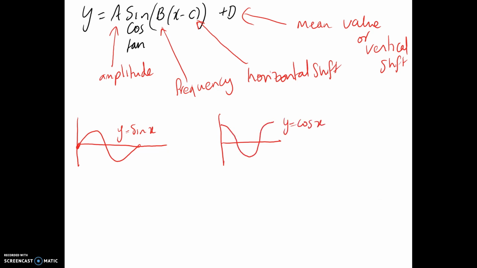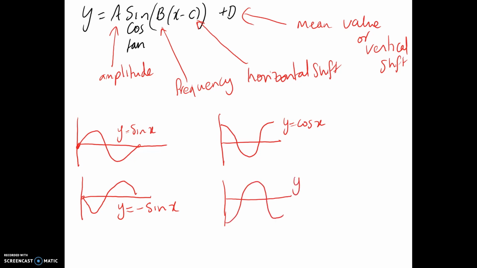We're not going to look at the tan function because there aren't many practical applications for it. The negative sine function also starts at the mean, but it goes the other way. There is a reflection along the x-axis. Your negative cosine function starts at the minimum and finishes at the minimum.